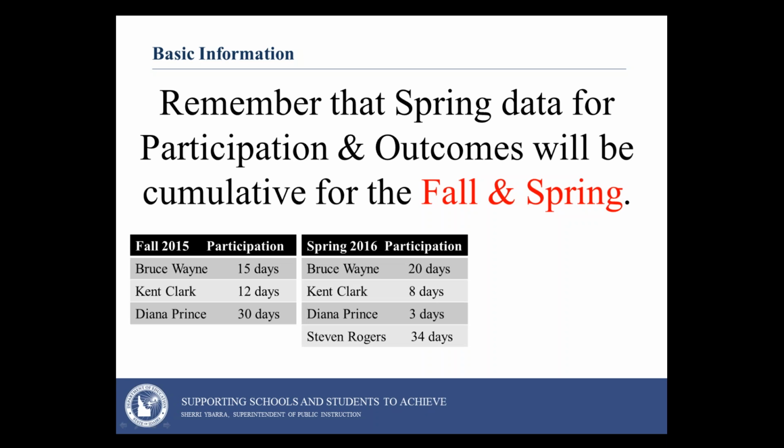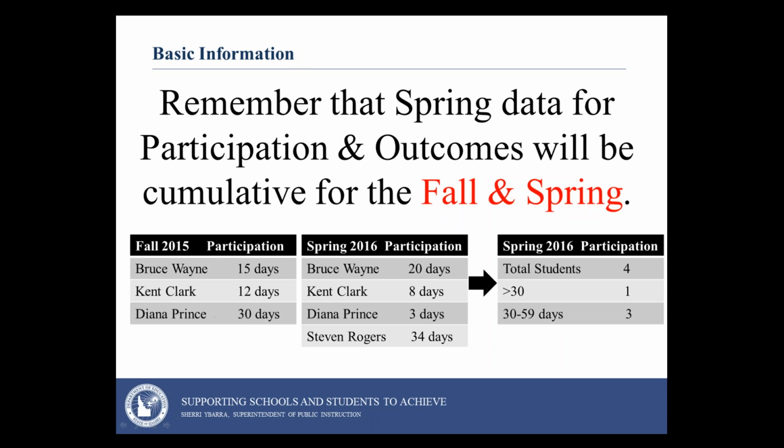Now, with your spring, you can see we have 4 students, and this is the time frames that they attended in that spring term, which would be February 1st through May 31st. So now we look at it, you would have a total of 4 students with only 1 attending less than 30 days, which would be Kent Clark, because he attended 20.